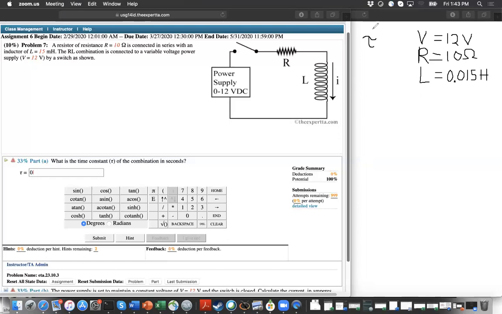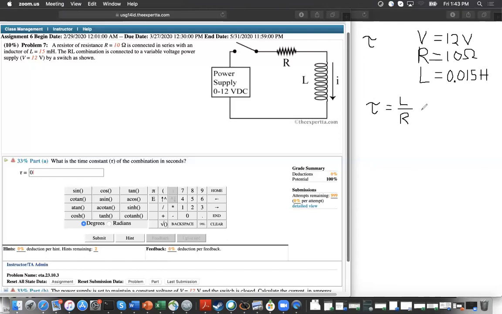Now, our next question is, what relates what we know to what we want? Well, as you saw in the previous video, there is a relationship between this time constant and the ratio of L over R. Oh, well, we know L, we know R, and so we can calculate tau.